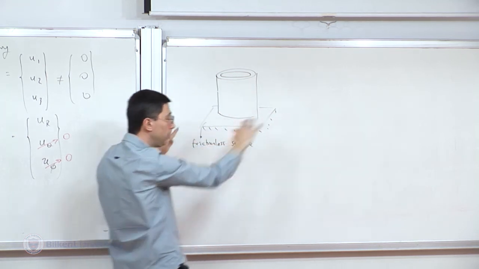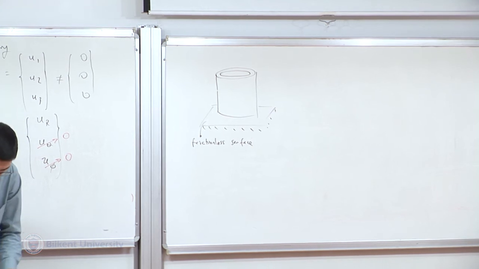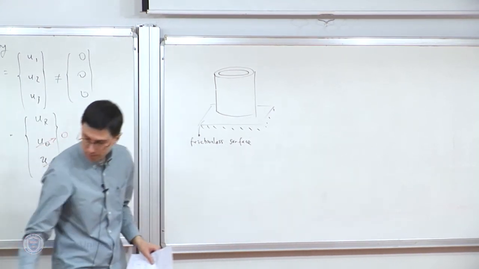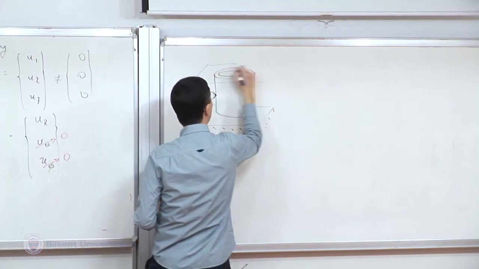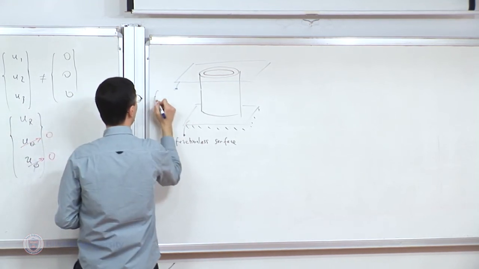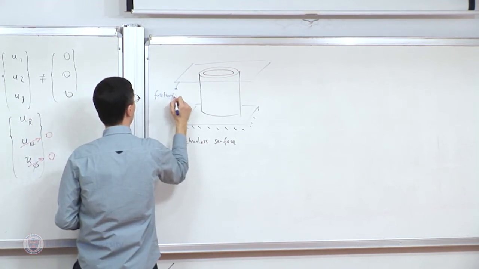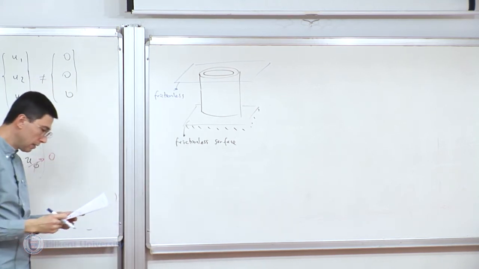It can slide freely on that surface. So it's not going to probably change its shape so much. To press on it, I put another plane at the top. It's also frictionless. And I eventually push down, all right?